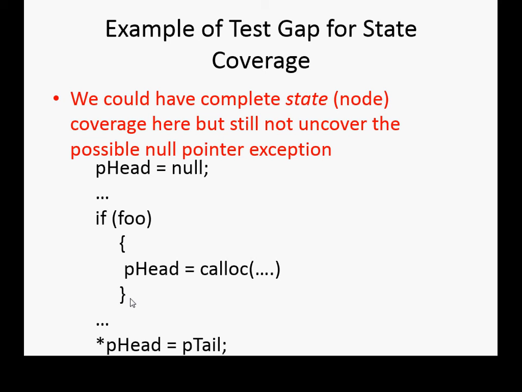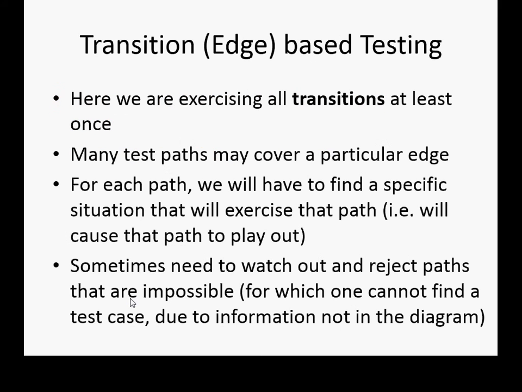And in general, for each level of stronger coverage, you gain more in terms of confidence. You're covering it more thoroughly. So with transition-based coverage, we're covering the edges in the graph. There may be many test paths, abstract paths that cover a particular edge, but we need to cover it at least once.